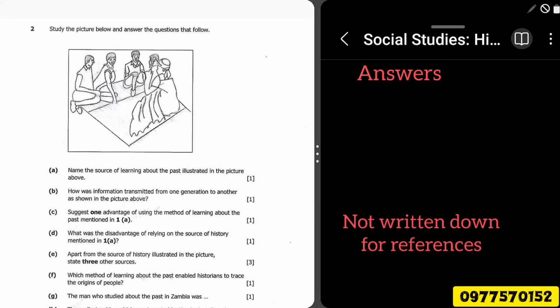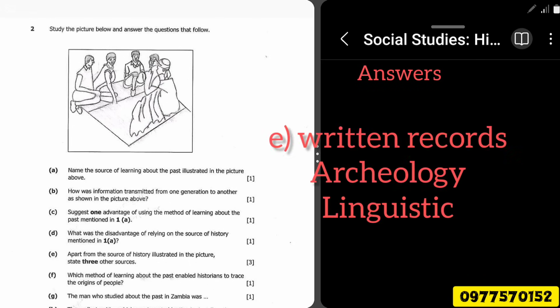Question E. Apart from the source of history illustrated in the picture, state 3 other sources. You have written records, ancient remains, which is archaeology, linguistics and anthropology.